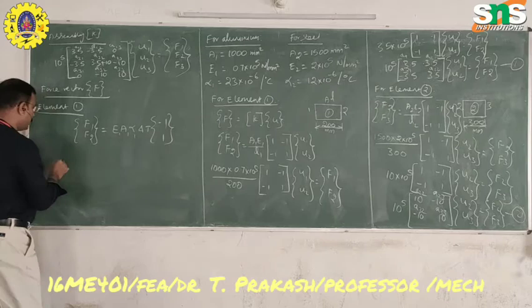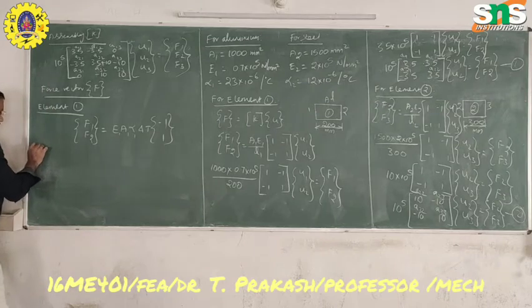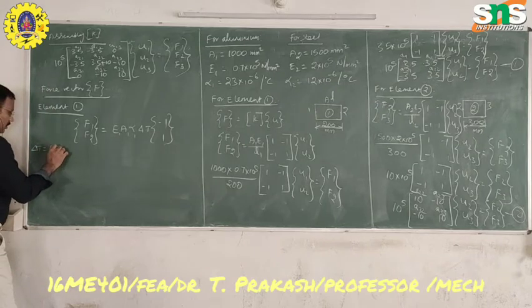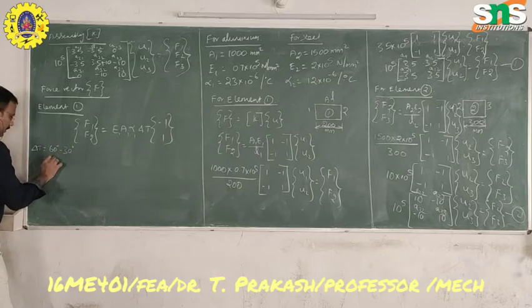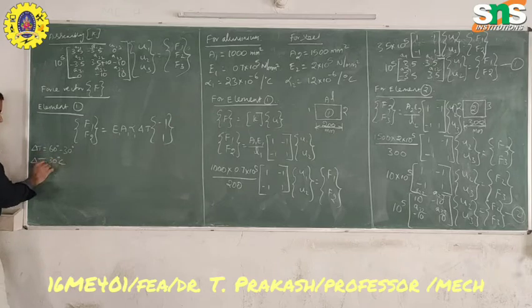What is delta T here? Delta T is the change in temperature. Delta T is 60 degrees minus 30 degrees, that is 30 degrees. It should be in degree Celsius. Please check, it should be in degree Celsius.